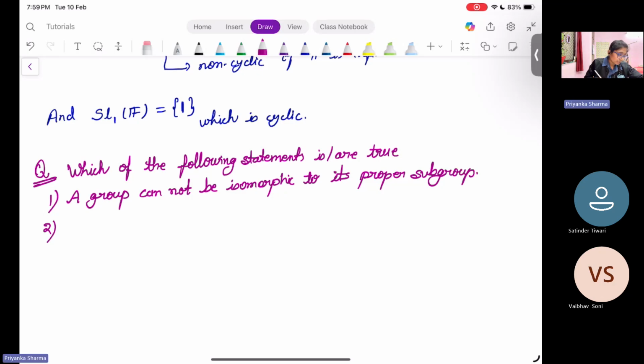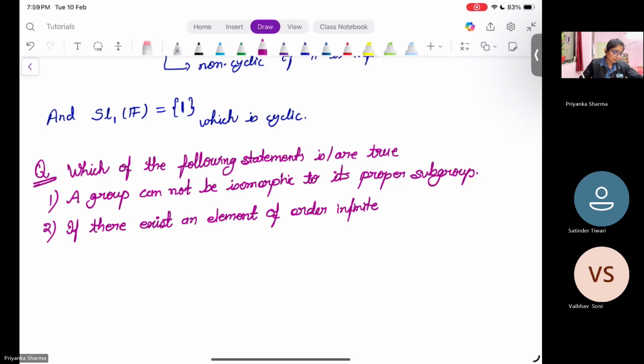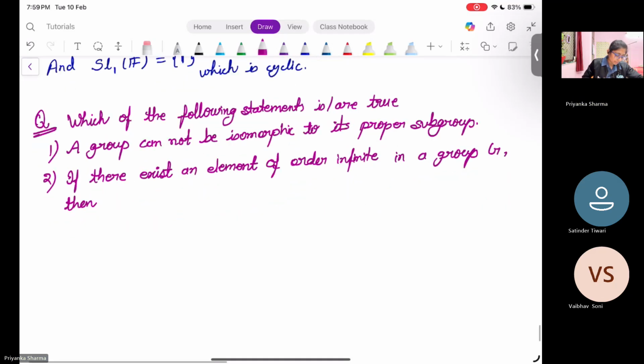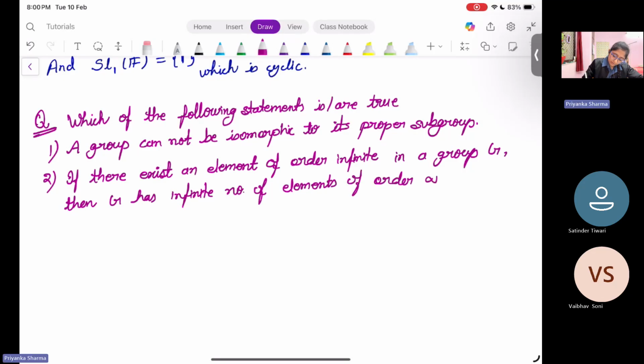Second, if there exists an element of infinite order in a group G, then G has an infinite number of elements of infinite order.